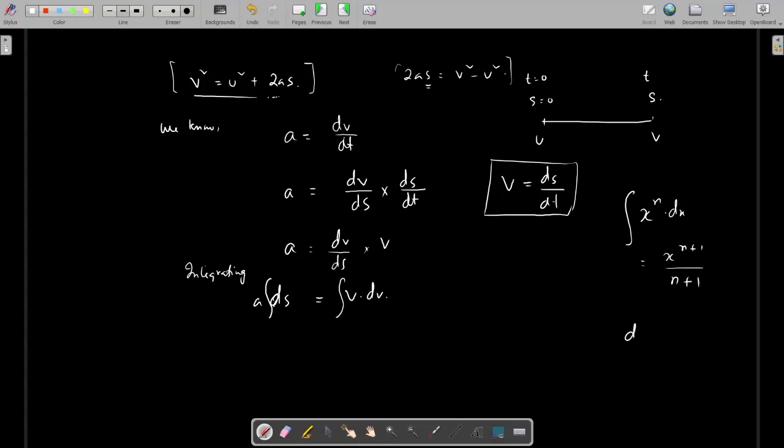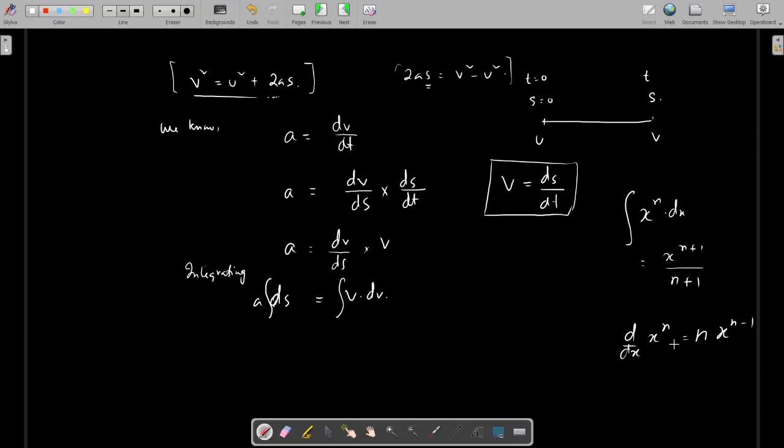And what was your derivation? Your derivation was just the opposite of this. d by dx of x to the power n was n into x to the power n minus 1, right?